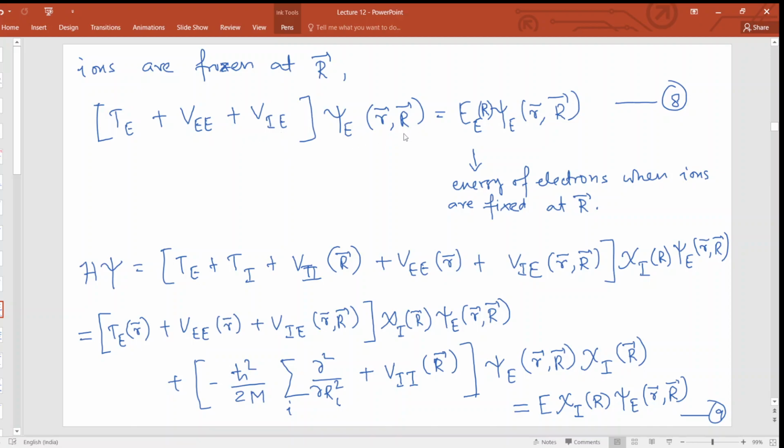H psi_e(r, R), which is a function of small r and capital R, will be equal to E(R) times psi_e, which is a function of r and R. This E is the energy of the electrons when ions are fixed at position R. Is it clear?